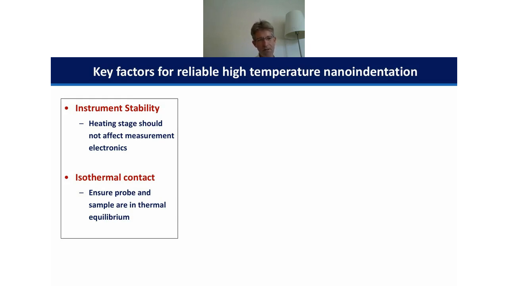And another critical thing that we realized quite a long time ago at Micro Materials is that it's really, really useful to have a so-called isothermal contact. In other words, that we have minimal or no heat flow when we actually do an indentation test. And if we can have a situation where the indenter and the sample are at thermal equilibrium, then we can achieve a thermal drift measurement that is essentially the same as it is at room temperature.